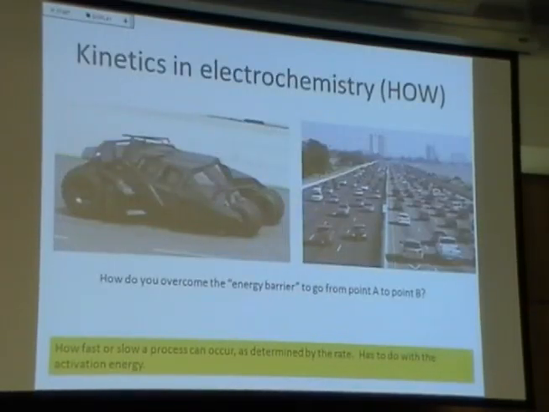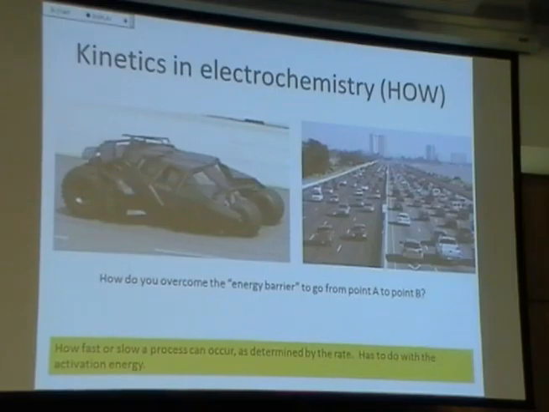Alright, what about kinetics? Kinetics is how fast something goes. Okay, so this is the time component of your reaction. For example, you can go from point A to point B, but depending on what's in your way, that's going to change how fast you go. So, for example, we're sitting on a road, wide open space, we're in Montana, nobody's around, we can go 100 miles an hour, that's fine.